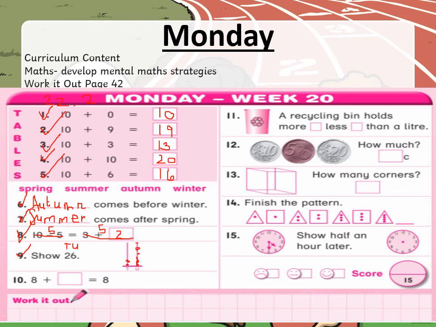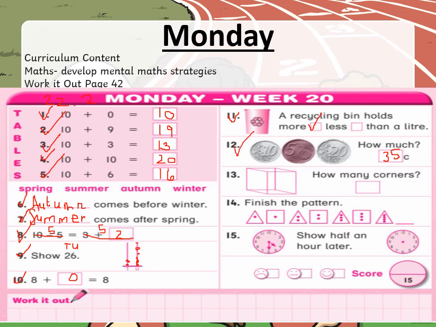Number 10, 8 plus 0 equals 8. Number 11, a recycling bin holds more, a lot more than a litre. Here I'll add my tens first. 1 10 and 2 tens is 30, and 5 more is 35. 35 cents.